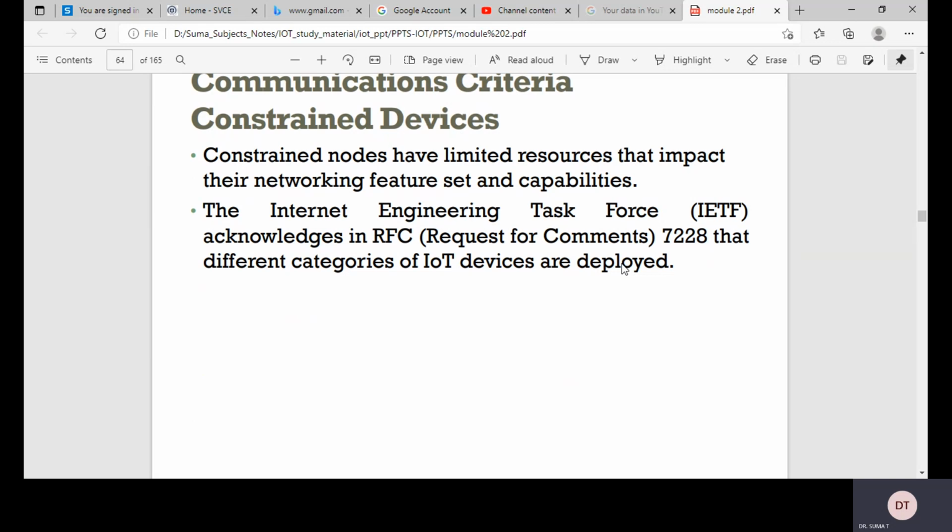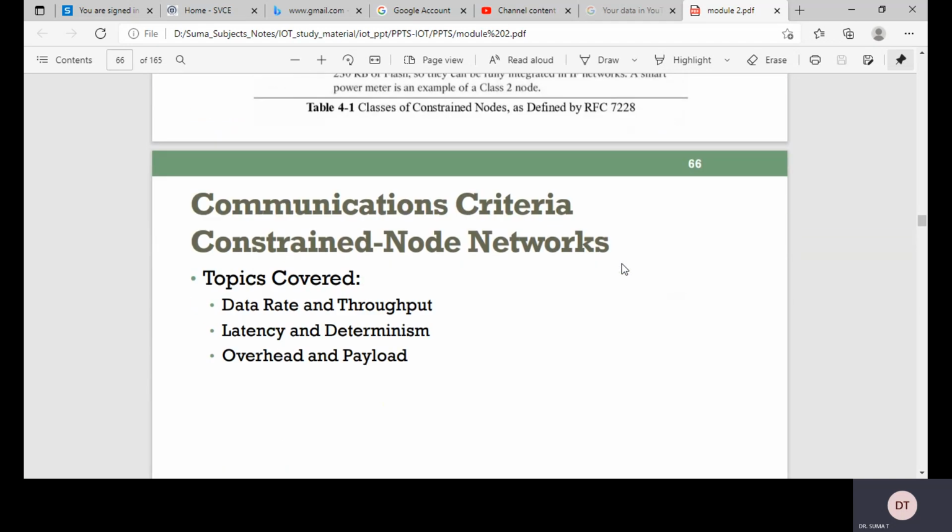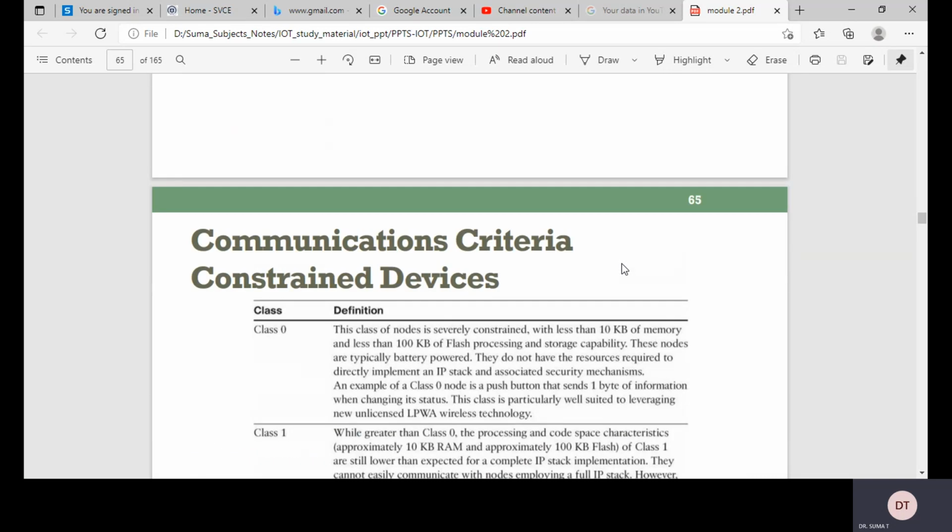Therefore, some classes of IoT nodes do not implement an IP stack. According to RFC 7228, constrained nodes can be broken down into classes: class 0, class 1, class 2.